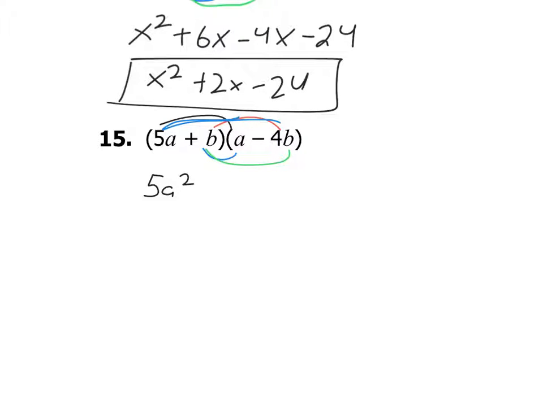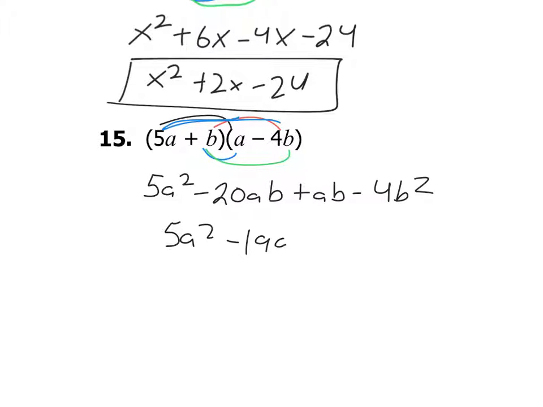All right, then we have 5a times negative 4b, which would be negative 20ab. Then we have b times a, which would be plus ab. And then we have b times negative 4b, which would be minus 4b squared. If we combine like terms, we get 5a squared minus 19ab minus 4b squared, and this is already in standard form.